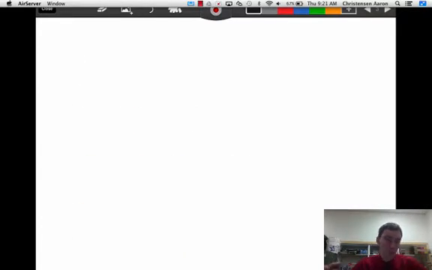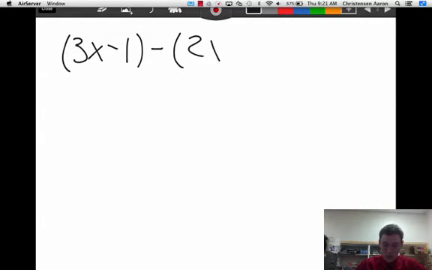So when we are subtracting polynomials, like 3x minus 1 minus 2x plus 2, all we have to remember here is to change the signs of everything that's on the inside of the parentheses with the negative sign in front.